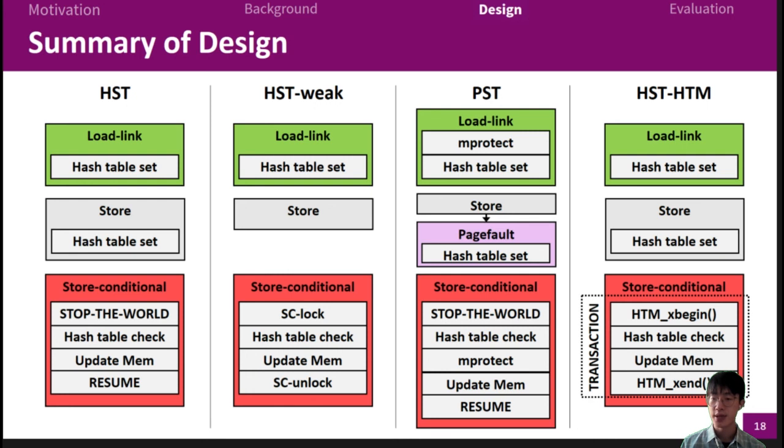PST tries not to instrument every store by using memory management unit page privilege protection. Only stores to the protected read-only atomic variables are intercepted by page fault and others are free from instrumentation. The HST-HTM is a correct design of HTM in a dynamic binary translator, which uses a transaction to protect the atomicity of SC based on HST.